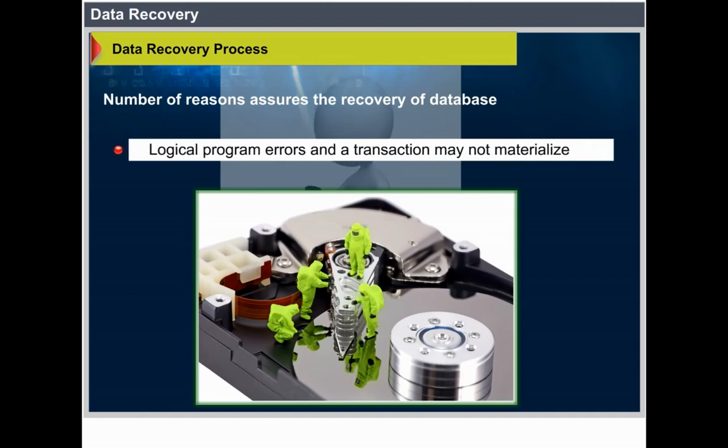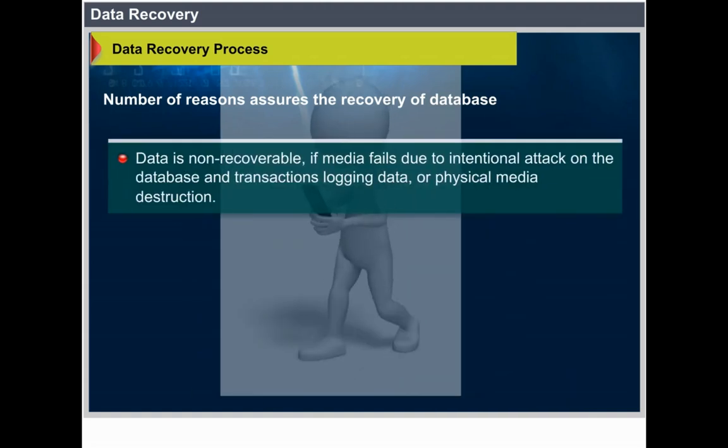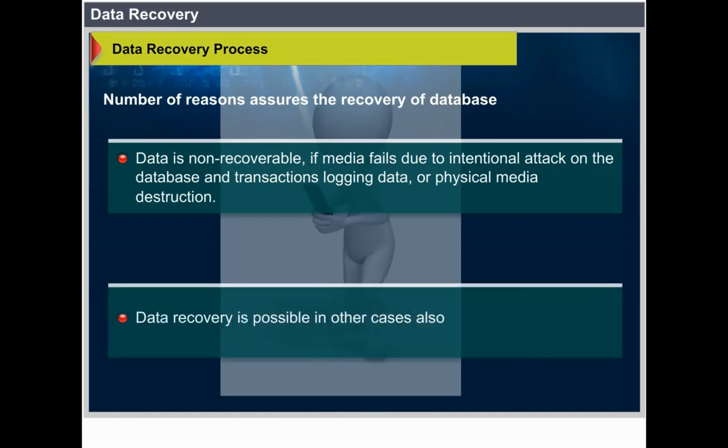Logical program errors may occur and a transaction may not materialize. There may be loss of main memory due to system errors, hardware or software. Data is non-recoverable in case of media failure, intentional attack on the database, and transactions logging data or physical media destruction. Data recovery is possible in other cases.